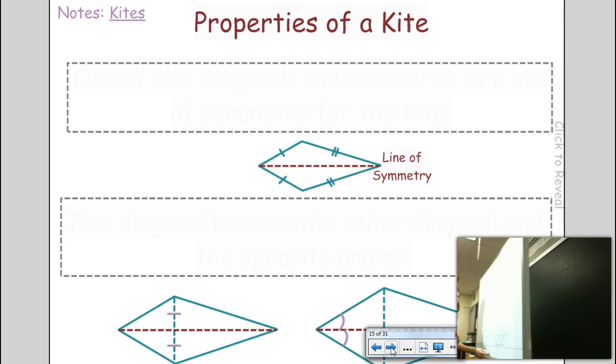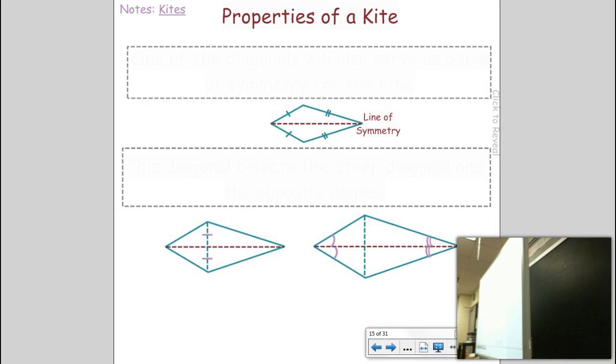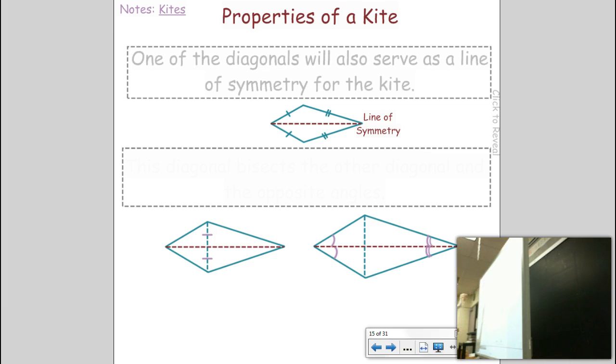Okay, this is not a property, so don't write this down in the properties. Every kite is going to have one of its diagonals serve as a line of symmetry. Do you know what it means to be symmetrical? It's like a mirror.